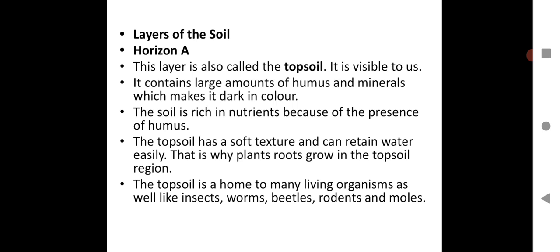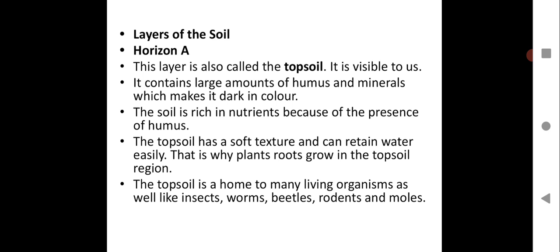The topsoil has a soft texture and can retain water easily. So that is why plants grow in the topsoil region. Because of this characteristic of the topsoil, it gives a scope for the plants. Plants' roots grow in the topsoil region.